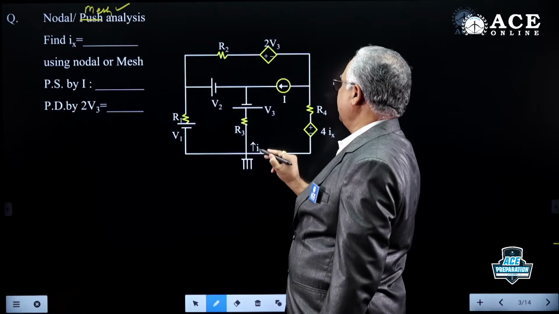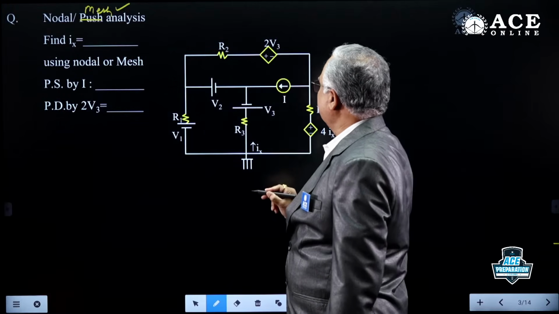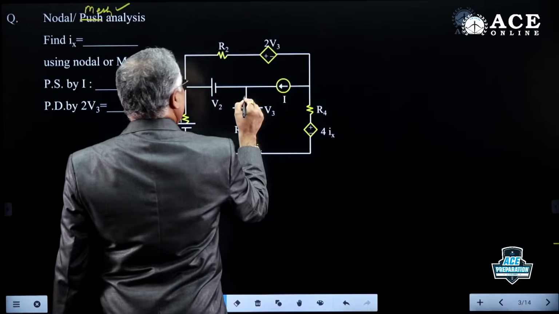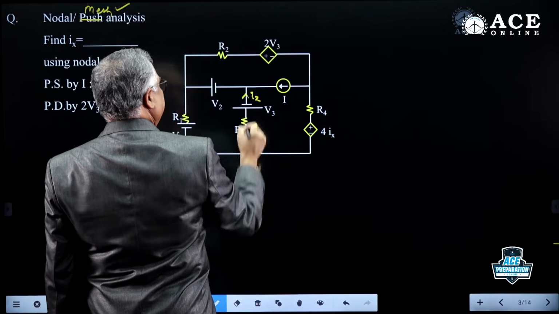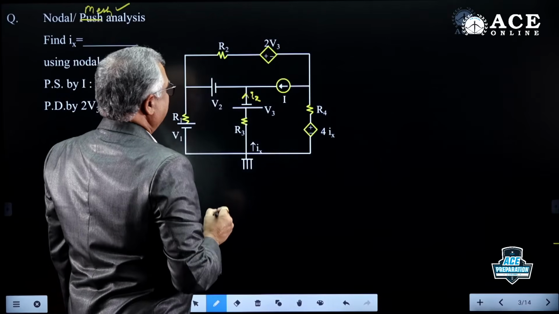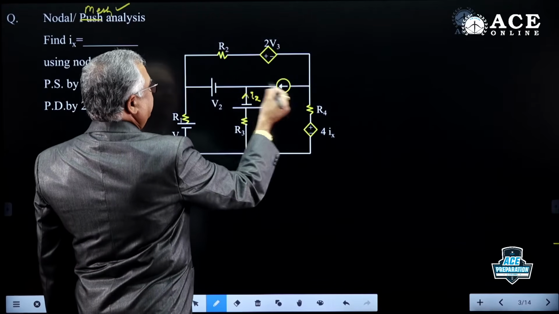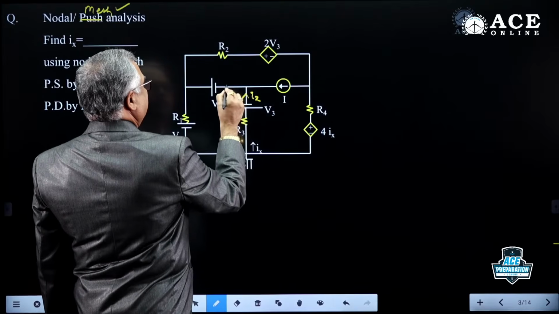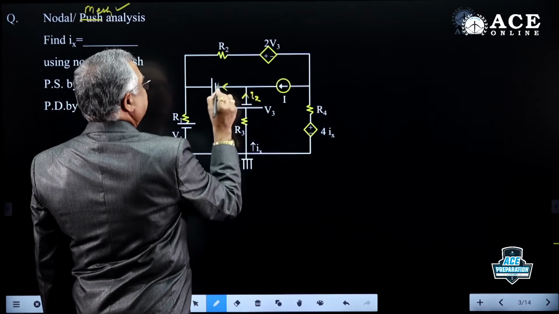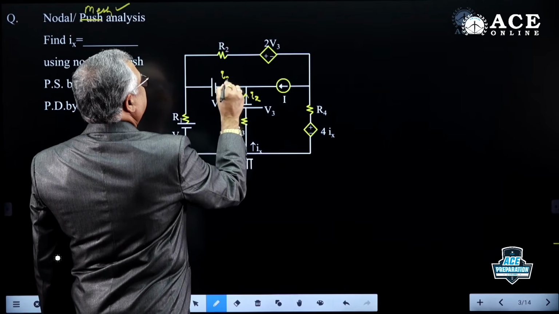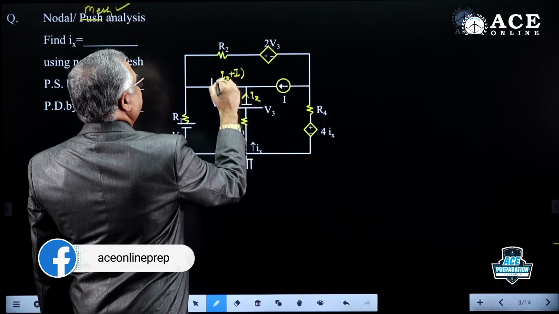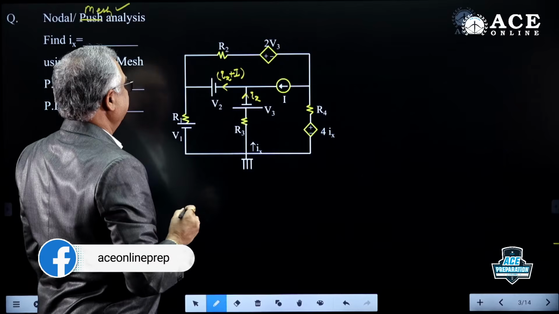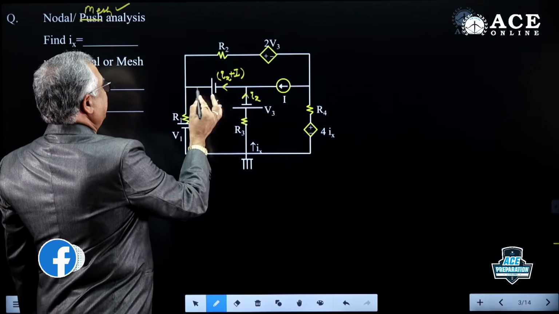This is the unknown already there. So what is the current here? Ix. So this Ix is already known. Already there Ix. And this current I already there. This is also known. So obviously what is this current? Ix plus I. This current will divide.